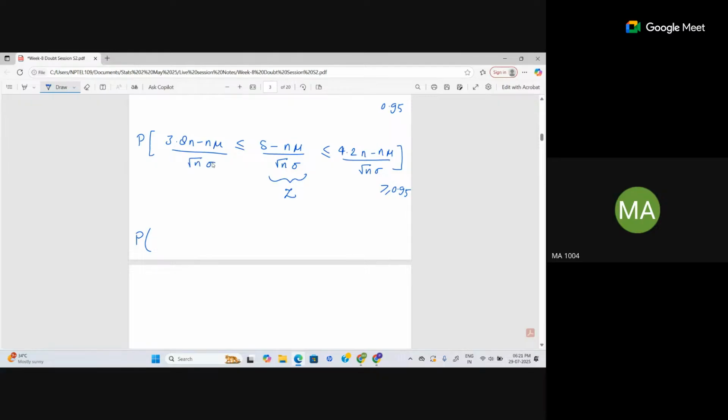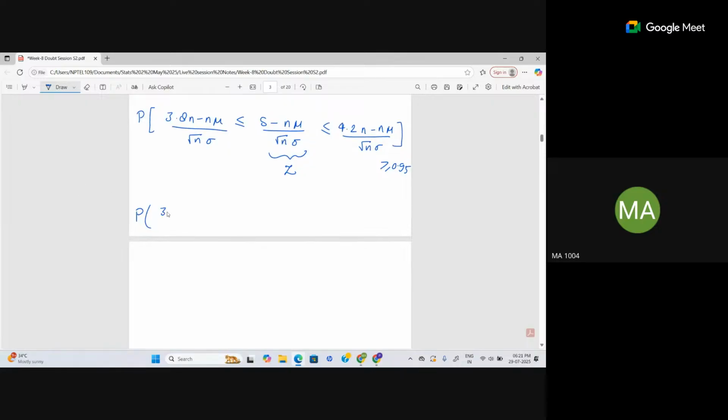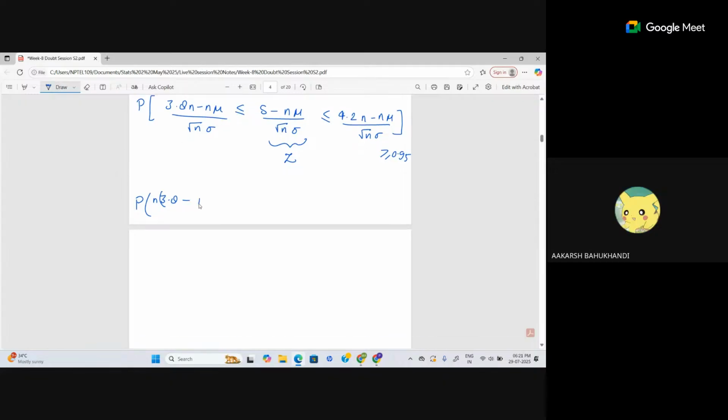So if we take n common, it will be (3.8 minus 4) divided by root n, with sigma 2. Here also n is common: (4.2 minus 4) divided by root n, with sigma 2.